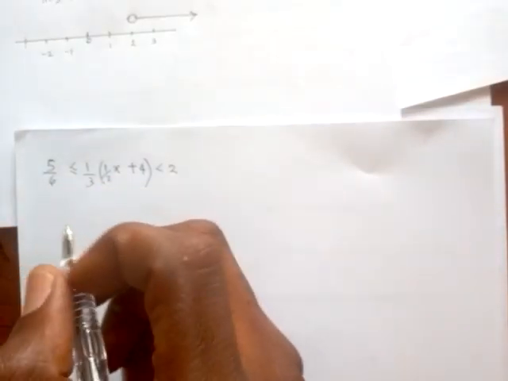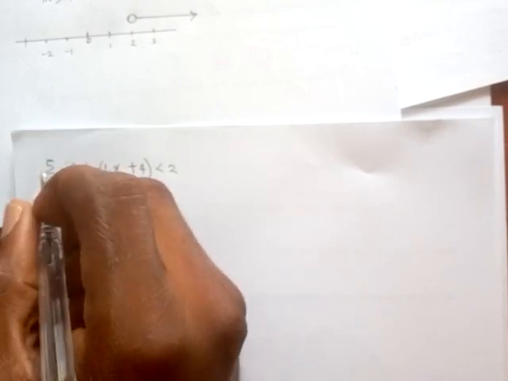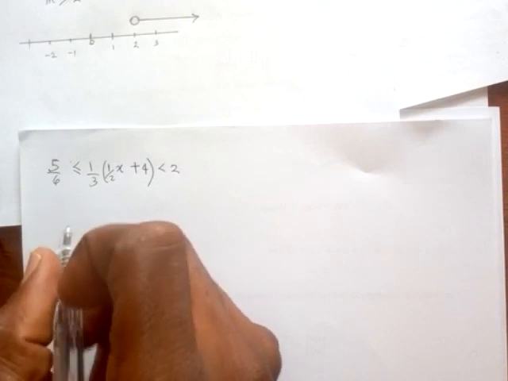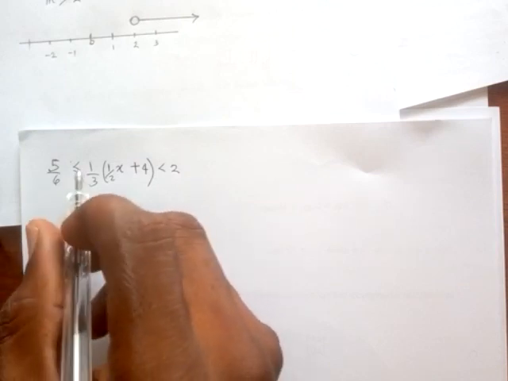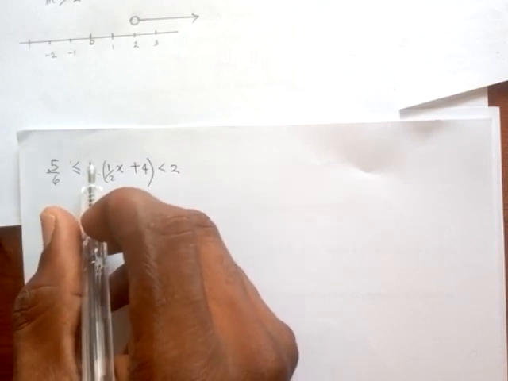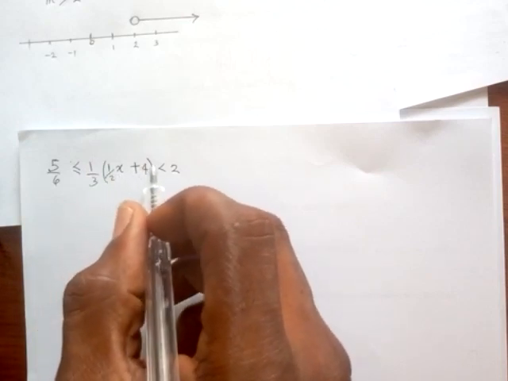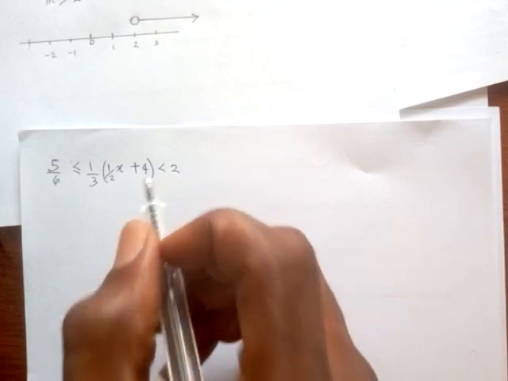So our next example is 5/6 less than or equal to 1/3 into 1/2 x plus 4 bracket close, less than 2.